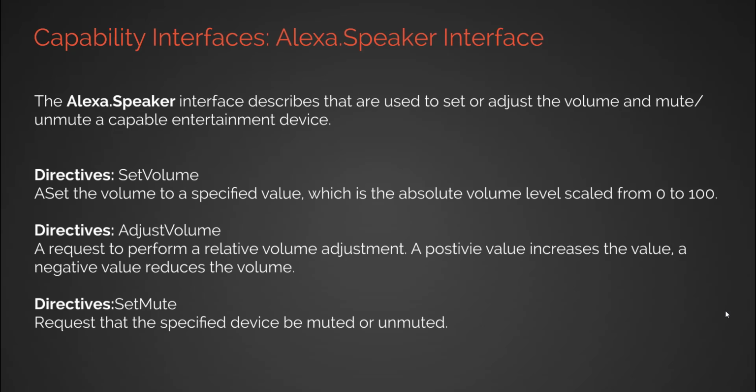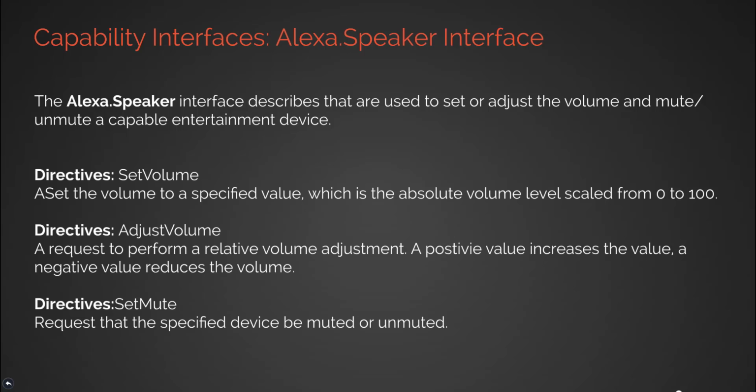In these next two interfaces, think about speakers, any device with speakers. It could be a television. It could be anything that has the capability to project sound. You might have a series of interfaces where you need to work with adjusting volume, and probably one of the easiest to understand is the ability to adjust the volume settings.